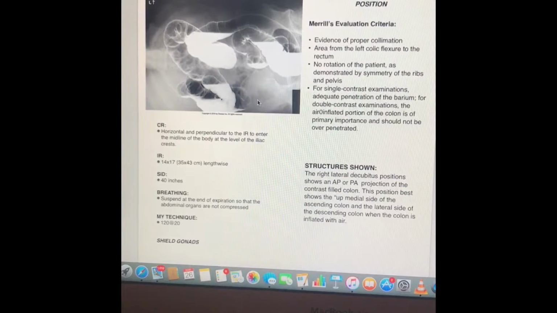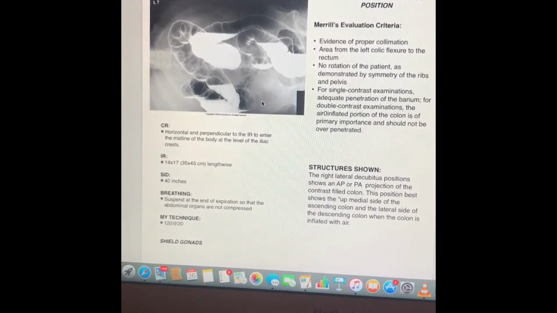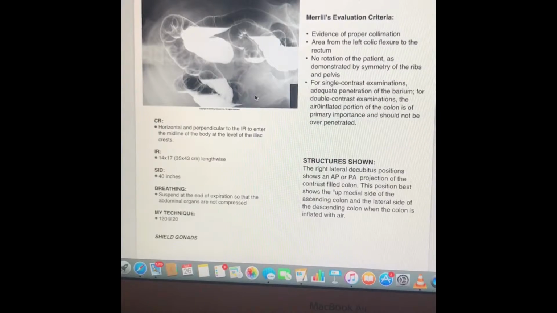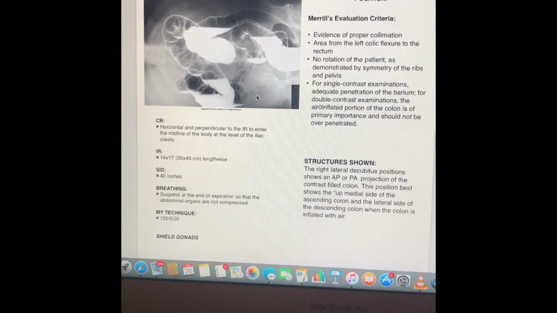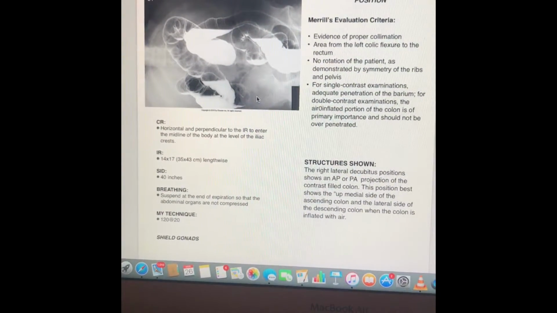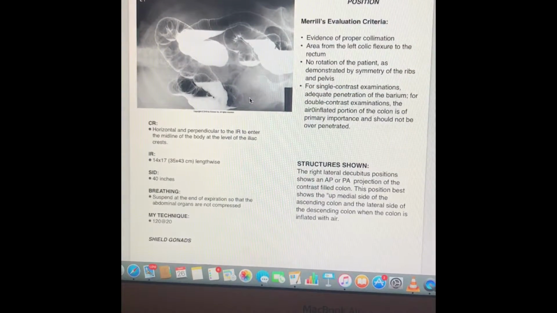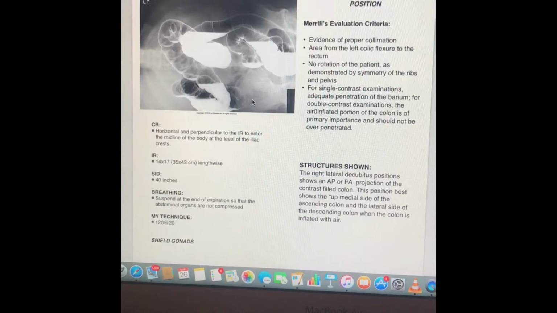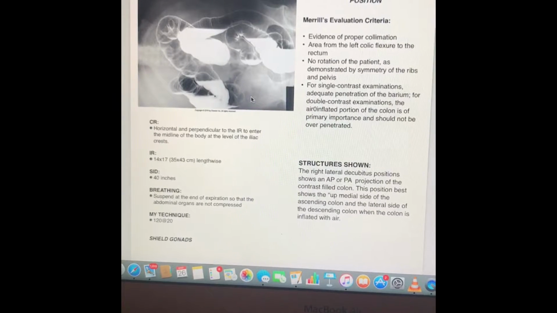For single contrast examinations, adequate penetration of the barium. For double contrast examinations, the air inflated portion of the colon is of primary importance and should not be overpenetrated.